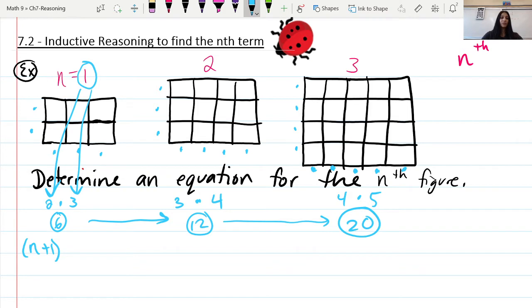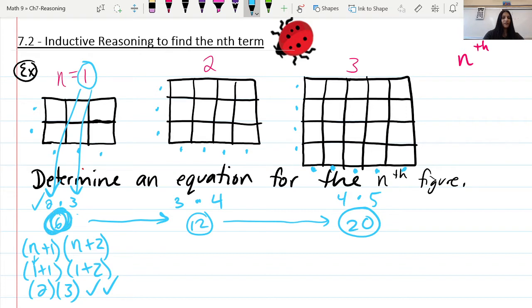So 1 plus 1 gives me 2, so that works. And 3, the relationship to that would be n plus 2. So in this case, my n value is 1. That would be saying 1 plus 1 times 1 plus 2, which really is 2 times 3, and it works out to be what I got for my value there.